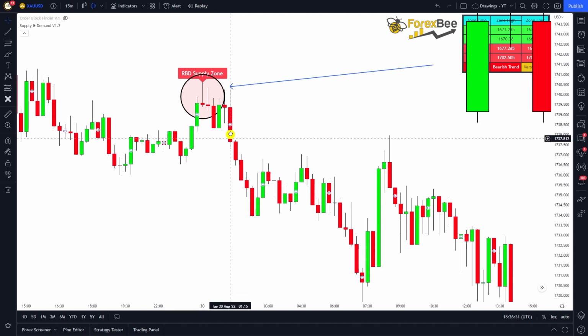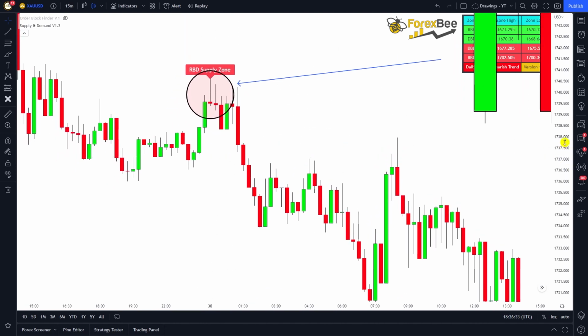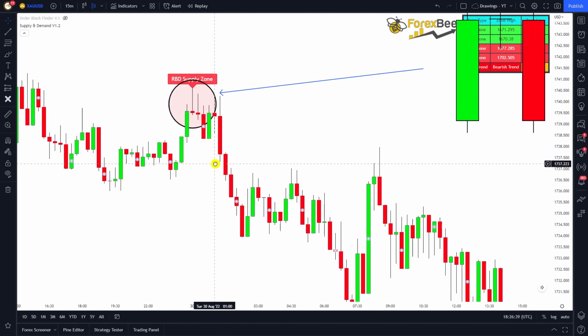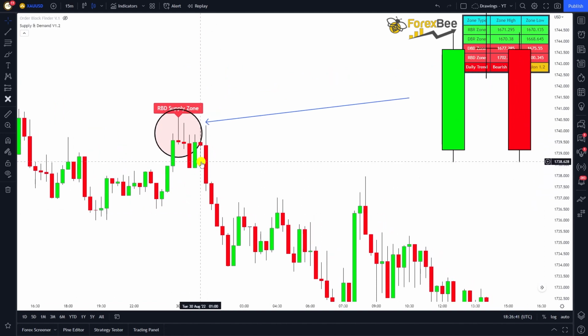And here we can see the indicator pointed out that there is the formation of this rally base drop supply zone. So the strategy for trading a supply zone is we will put our stop loss at the high of this supply zone and our entry at the low of this supply zone.